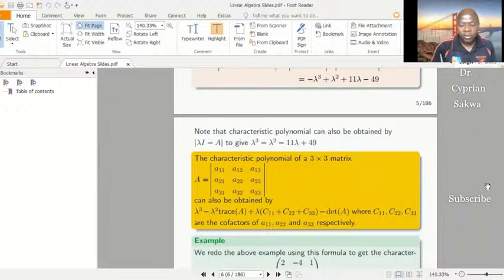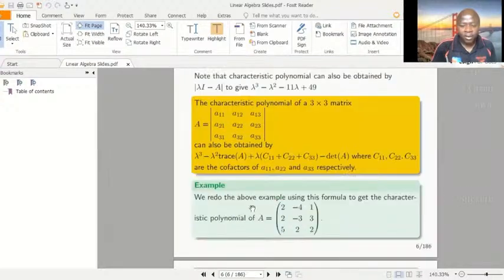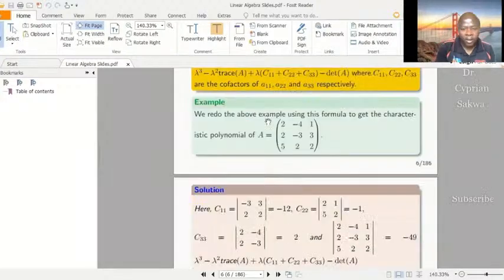So I want to use the following example, just the same example above, but I will do it here using this method. So the question is, we will do the above example using this method. If you do not know how to get cofactors, you are getting the cofactors of these elements: this element A11, this element A22, and this one, the element A33. So how do you get the cofactor of this element? You delete the row of this element and then the column of this element.